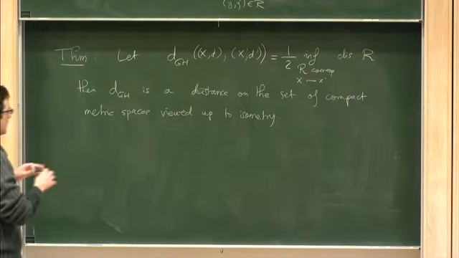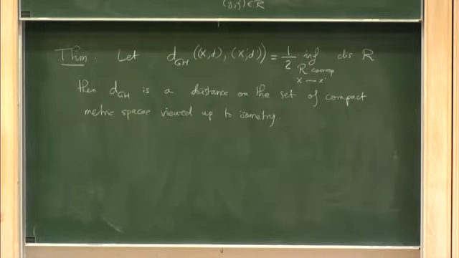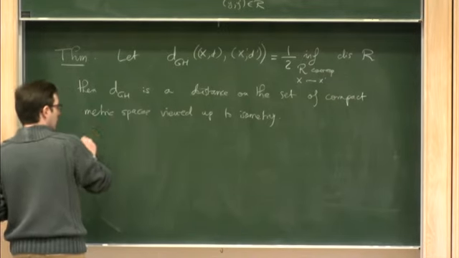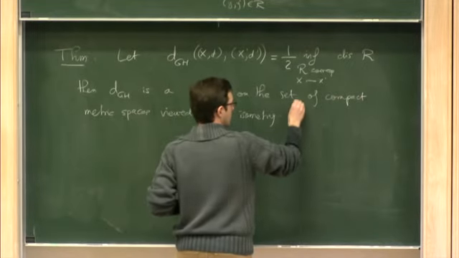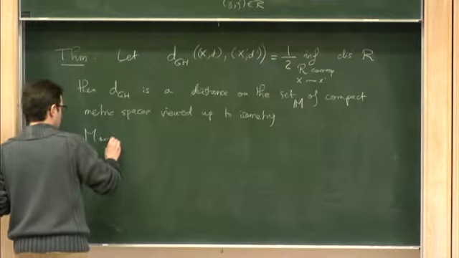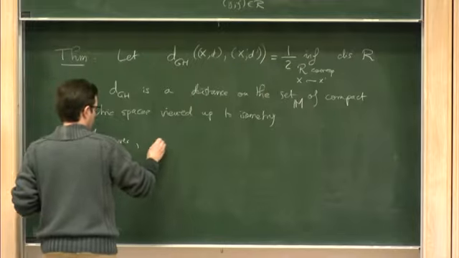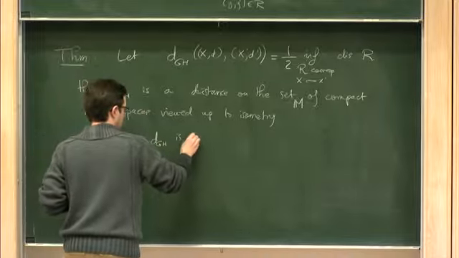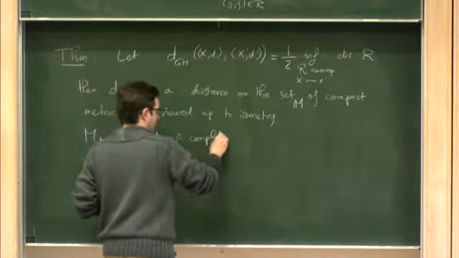So when you view metric spaces up to isometry, this is indeed a distance, and let me call this set M. We recall that next time. And moreover, d_GH is complete and separable.